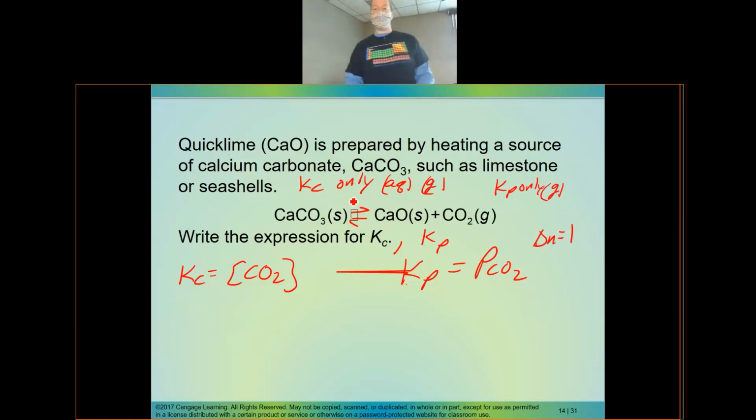And here's how you get it from the reaction: gaseous products, so your delta N, 1 minus gaseous reactants, there aren't any. And so your delta N is equal to 1, and your units for Kp are atmospheres to the first. Again, make sure when you're doing delta N, it's not coefficients of products minus coefficients of reactants. It is coefficients of gaseous products minus coefficients of gaseous reactants.